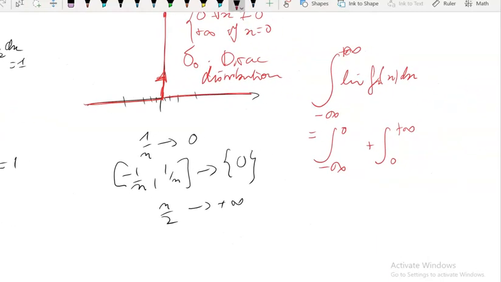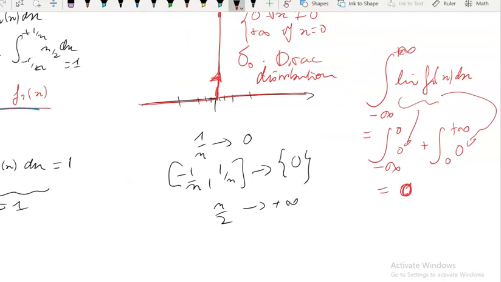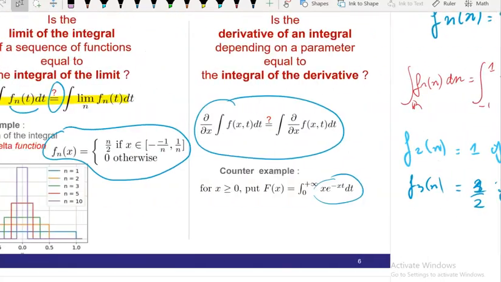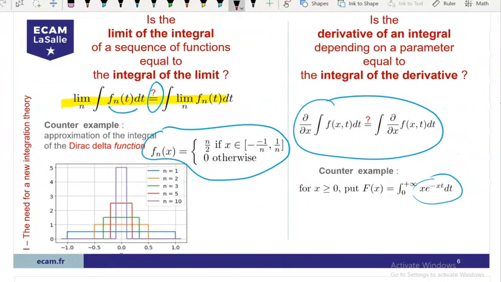And on both sides, that limit is going to be 0. The only place where the value of the limit function is not 0 is at 0, and it has no kind of width. So this is equal to 0. So what do we have in the end? Something quite surprising: in that case, the limit of the integral is different from the integral of the limit.